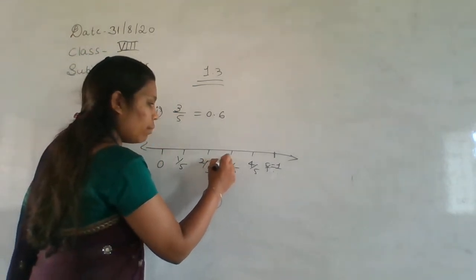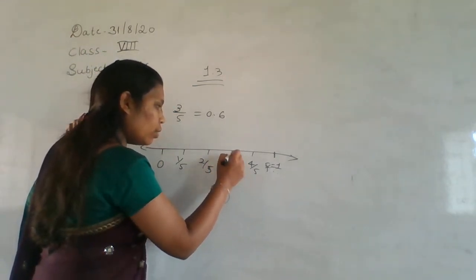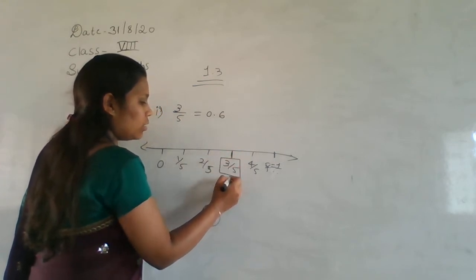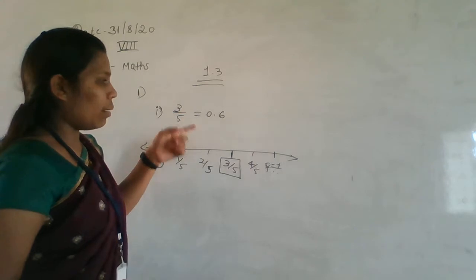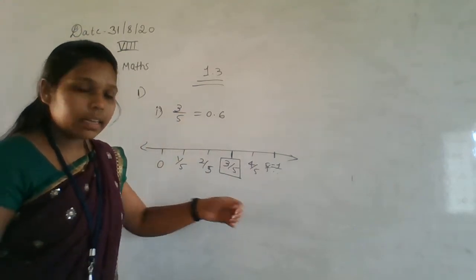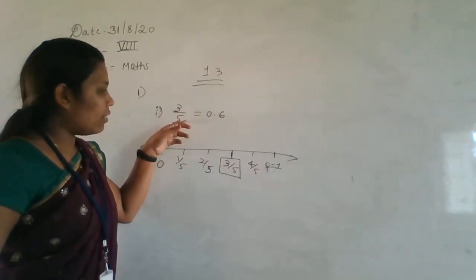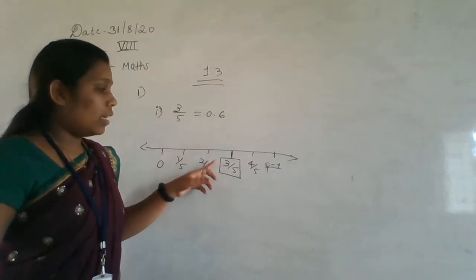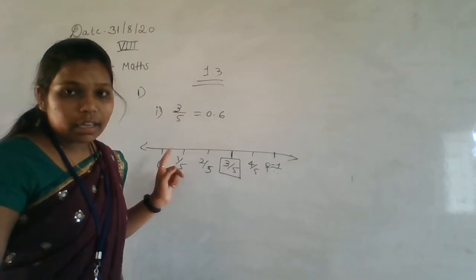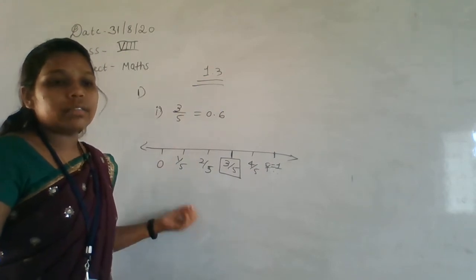So put a box on that number. Okay. So this is the representation of 3 by 5 on the number line. The rational number is represented on the number line. Like this we have to do.